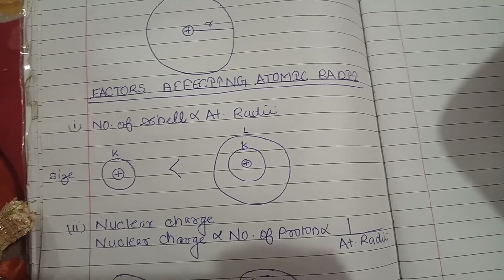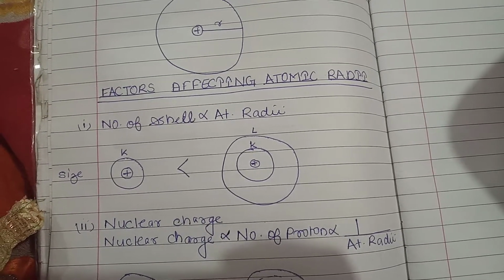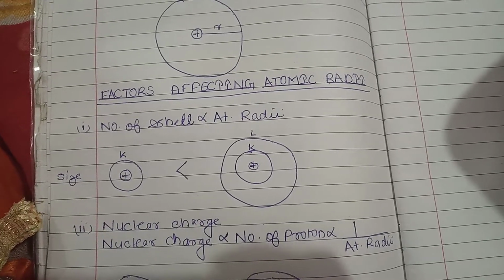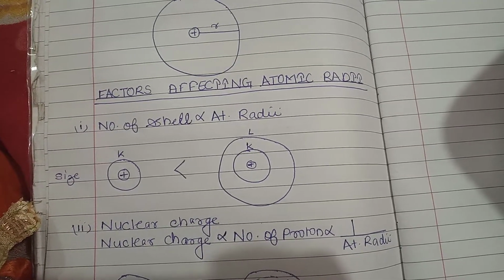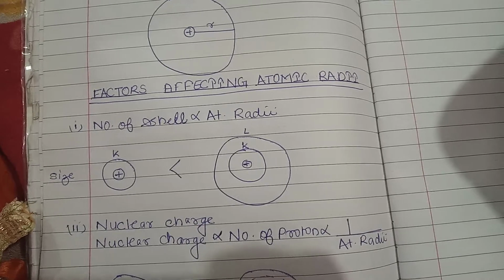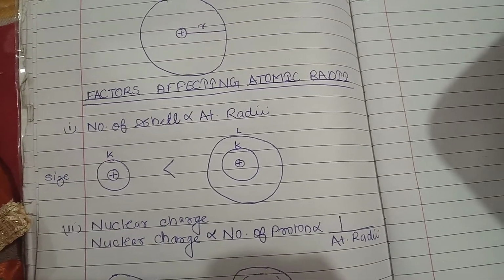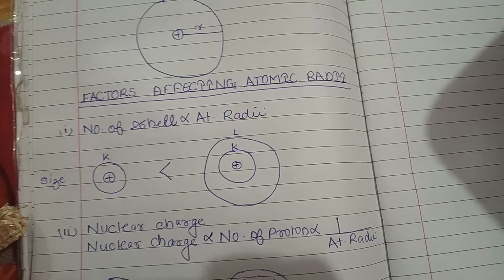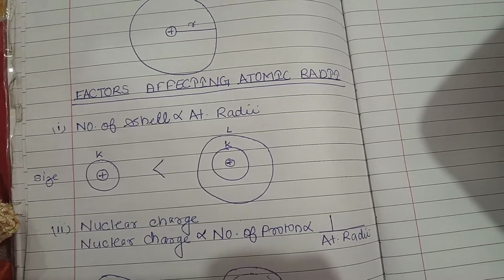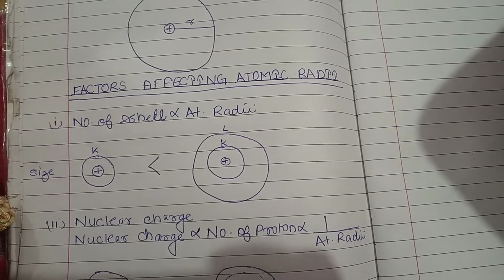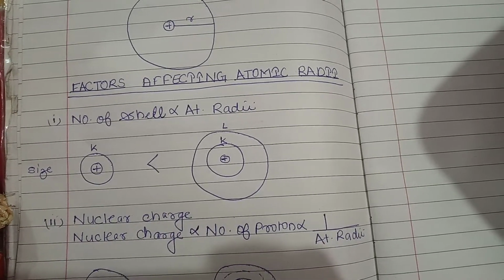Charge on nucleus. That is, nuclear charge increases. So, number of proton will be directly proportional to nuclear charge. So, I hope that the first relationship, that is nuclear charge is directly proportional to number of proton, is clear to you all. Now, we are going to relate it with atomic radii.